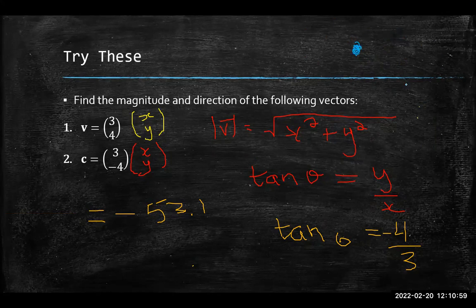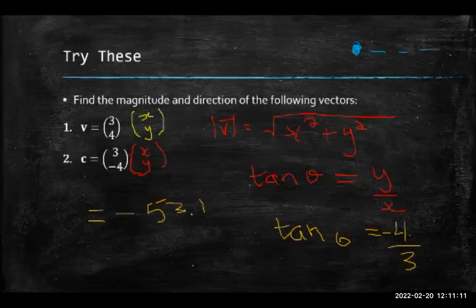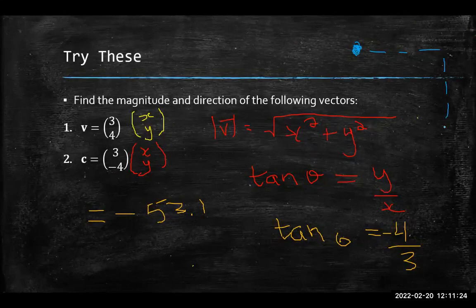So this is my starting point, 3, positive 3. That means I'm going 3 spaces to the right, 1, 2, 3. But then this number is a negative value, negative 4. So what does that mean? Instead of going 4 spaces up, I need to go 4 spaces down. So from this point, I go 1, 2, 3, 4 spaces down. And this right here would be my next point.